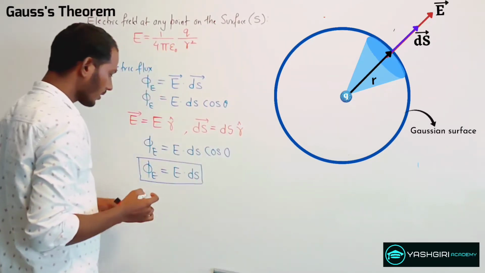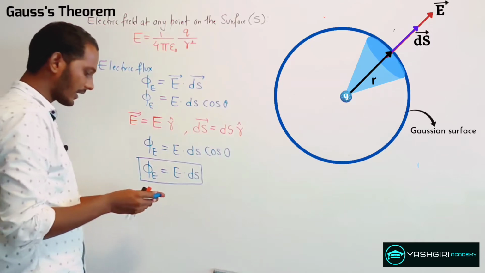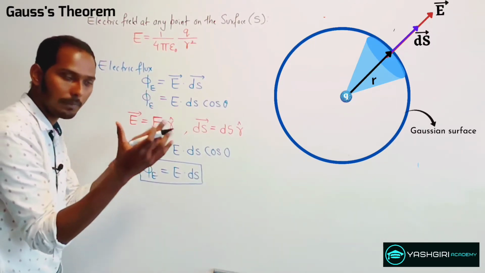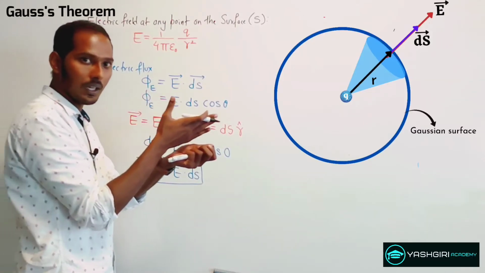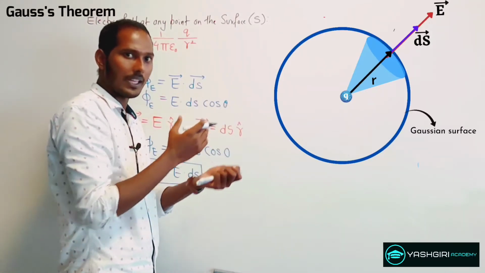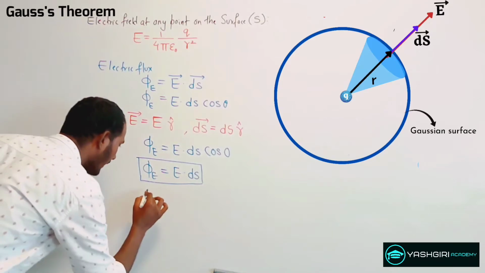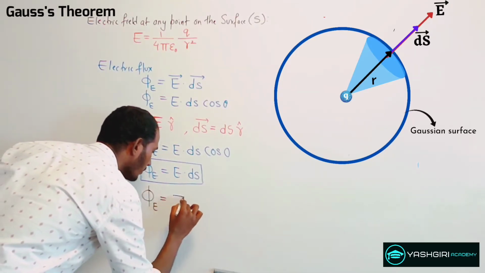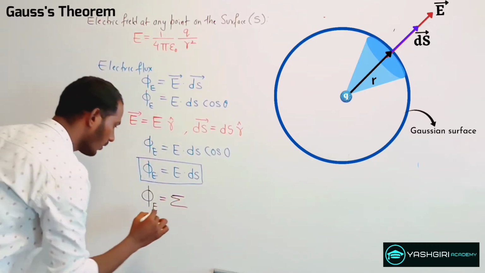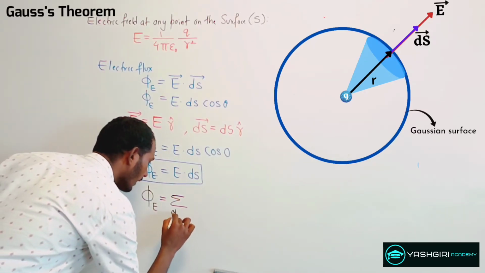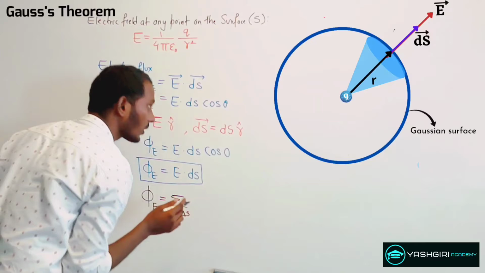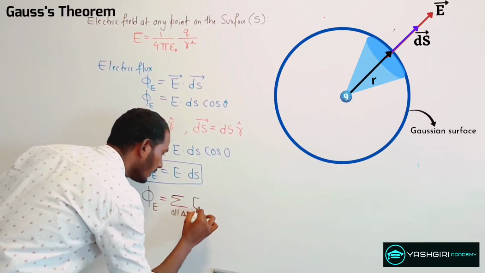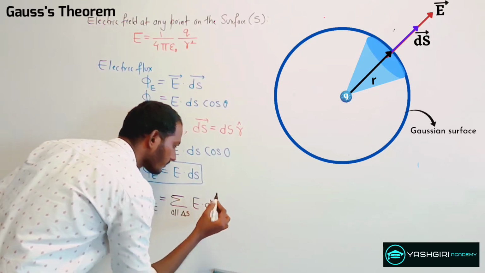So in that case, I can rewrite the same expression for n number of small pieces, because I just divided it into small area elements, n pieces. So I can write phi of E will be equal to the summation over all the small pieces delta S of E dot ds.